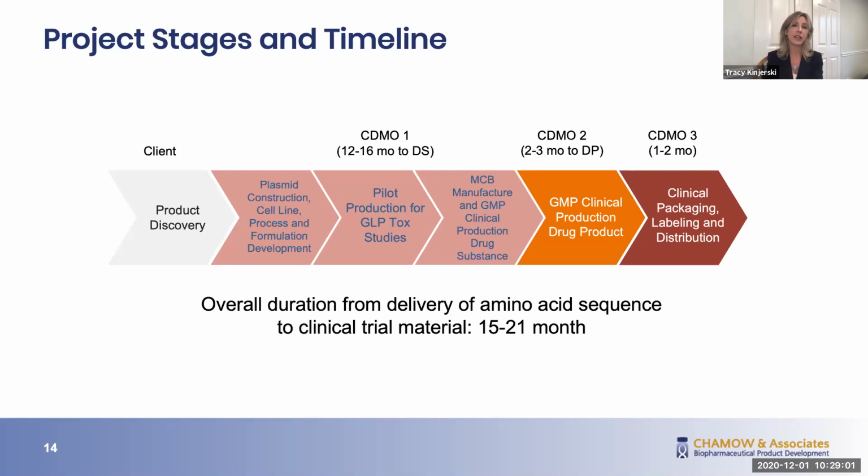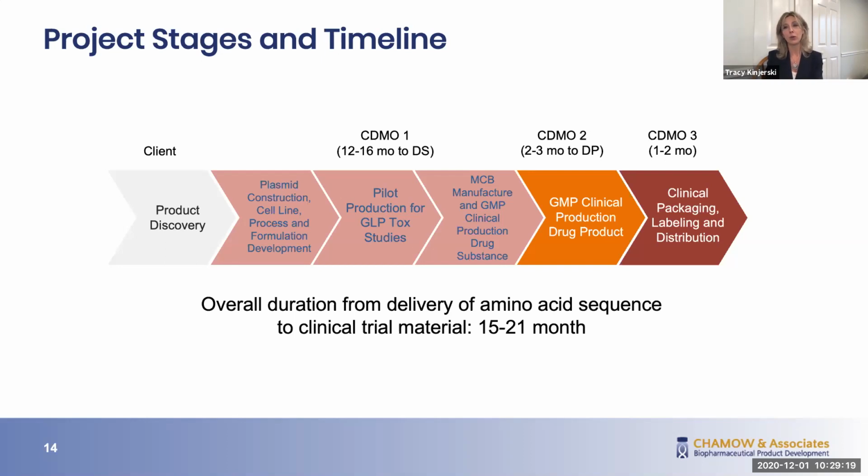And this also is demonstrating how an early phase project like the one we're talking about in this case study today can end up involving 3 separate CDMOs in order to take the client from start to completion. This project starts with the amino acid sequence being delivered to CDMO1.